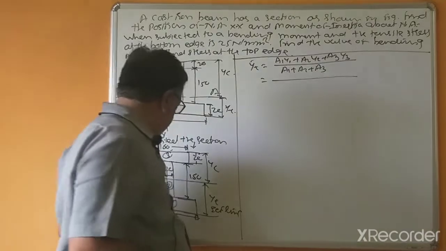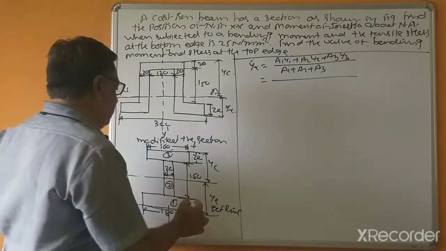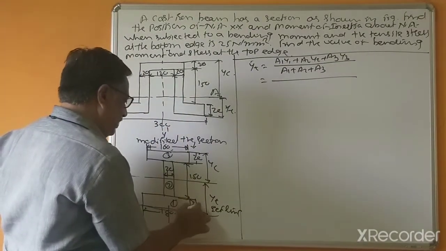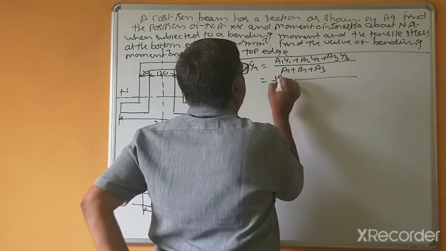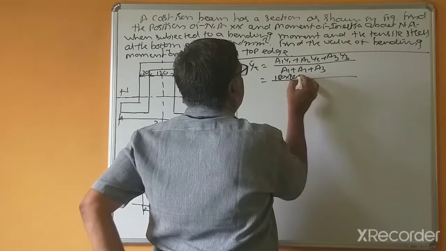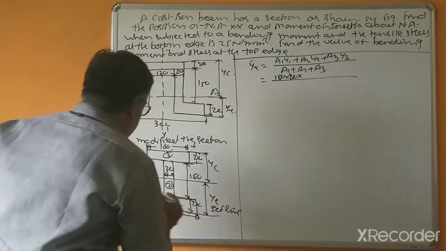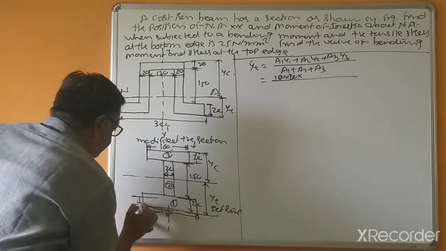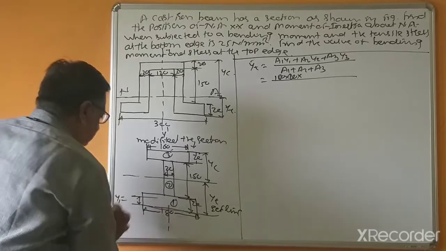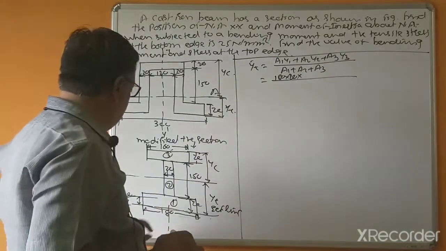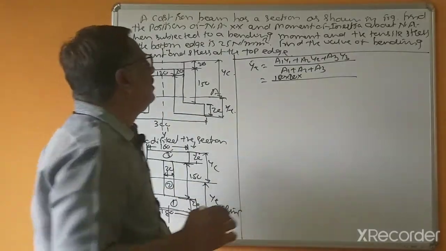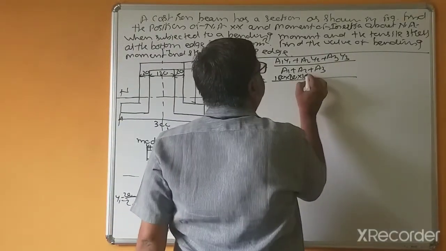So the first component is the bottom flange, 180, area 180 into 20, and Y1 equal to 20 divided by 2, because this is half, so this is 10.